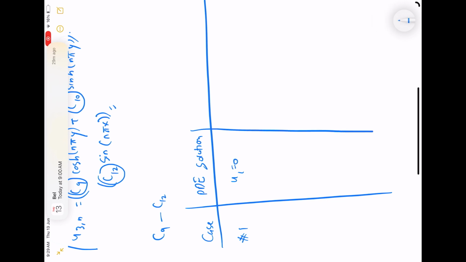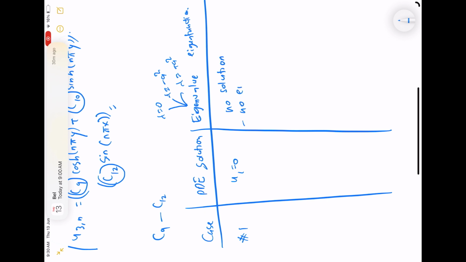The eigenvalue is usually lambda equal to 0, lambda equal to negative a squared, lambda equal to positive a squared, and the eigenfunction is the solution for that. So just now for case number 1, we have no solution, meaning that we have no eigenvalue and no eigenfunction.